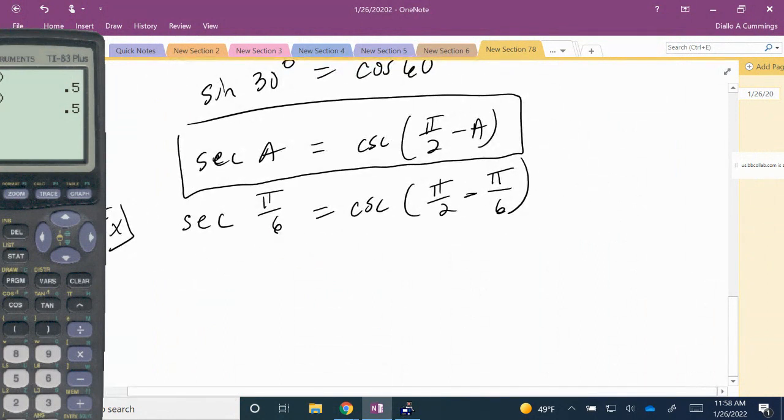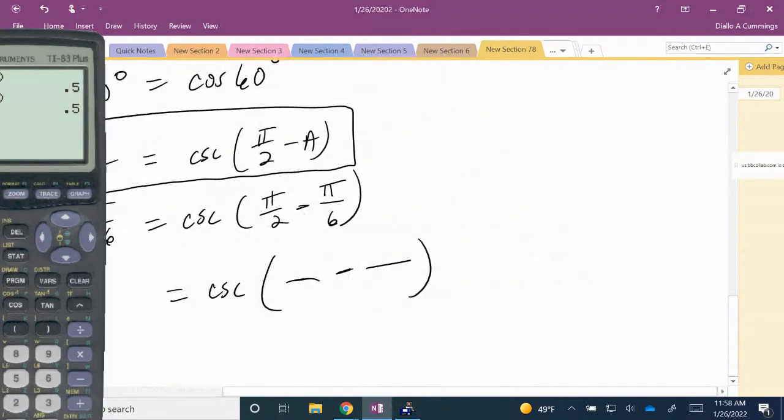Keep in mind when we subtract fractions, we need a common denominator. The common denominator between 2 and 6 should be 6, right? When I talk about common denominator, that's the same thing as the least common multiple.